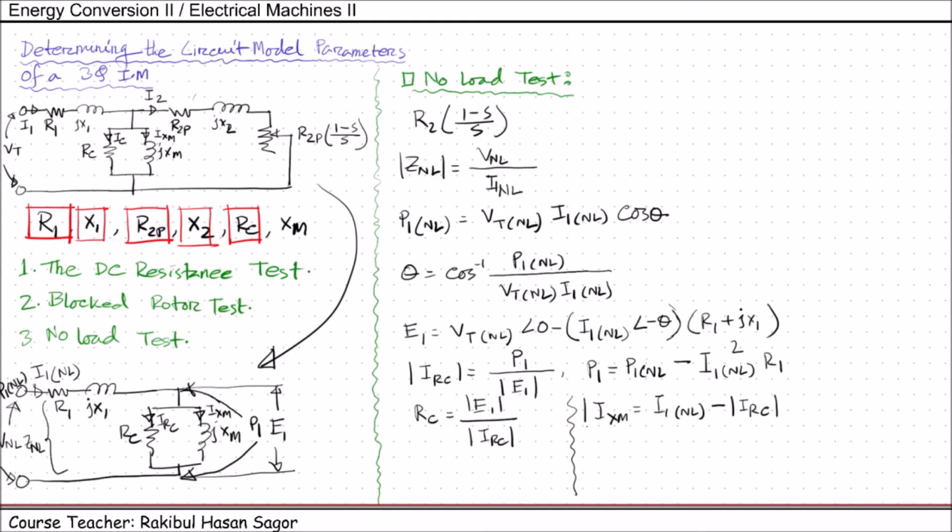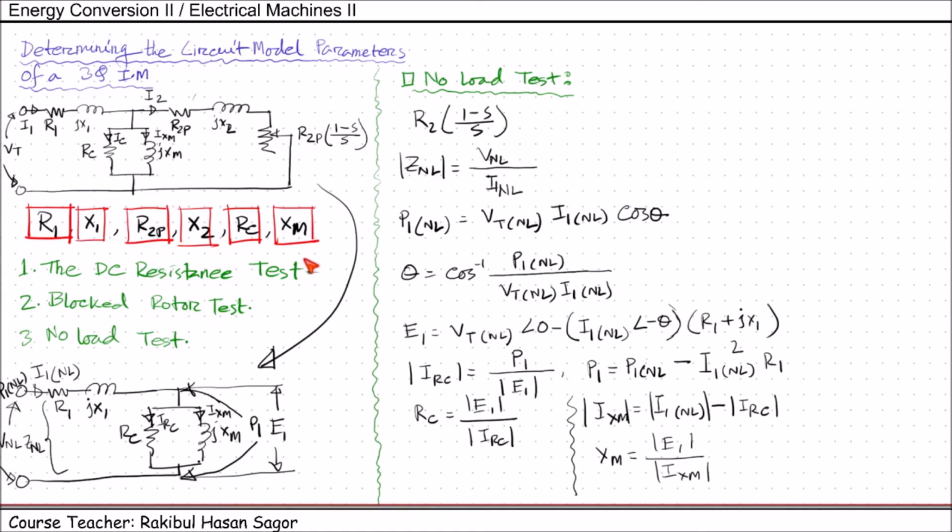We can take the magnitude of all parameters. Finally, XM can be found from this equation. We know the value of E1 and we know the value of IXM. So this voltage divided by this current will give us the value of XM. So XM is figured out.